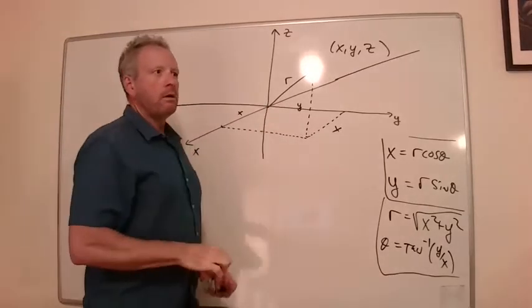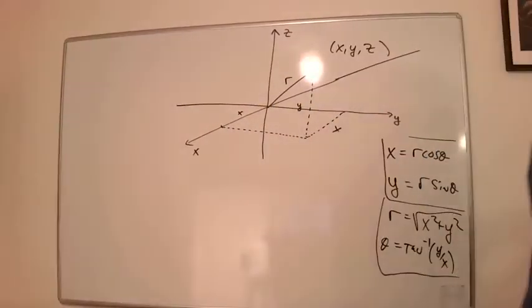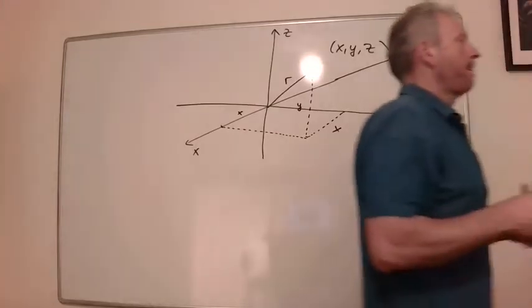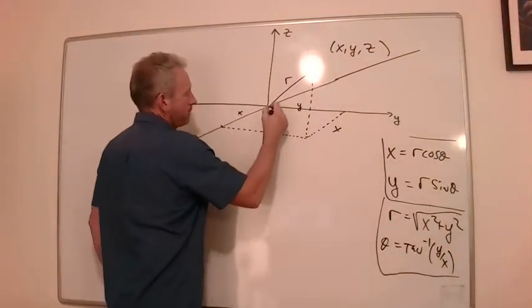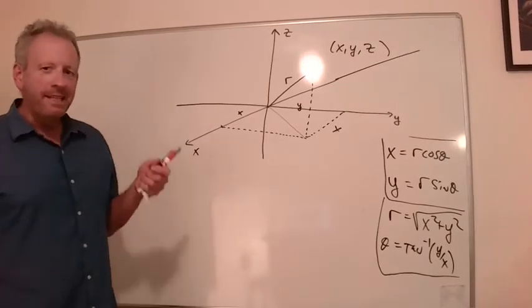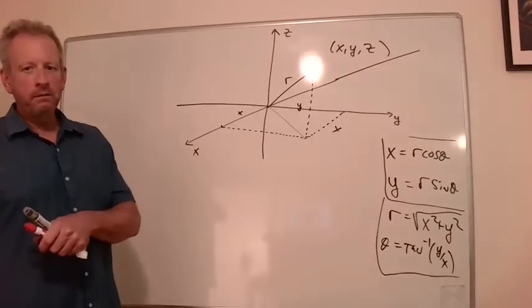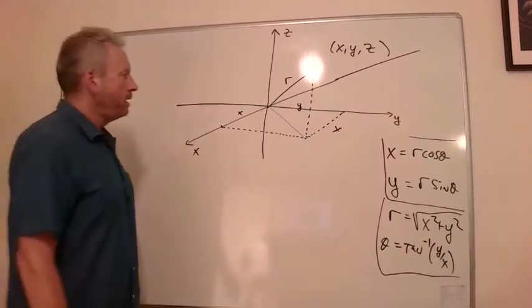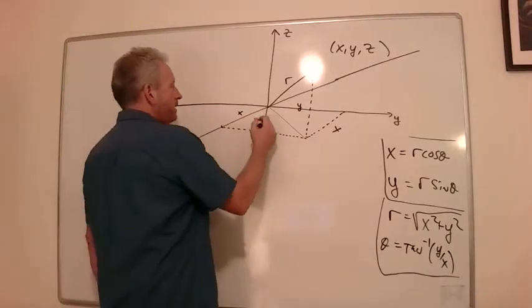And now let me get a different colored marker here. Might be a really good time for that. Consider that diagonal. Now that diagonal is in the xy plane. It's in the xy plane. And I want you to think of the following angle right here.